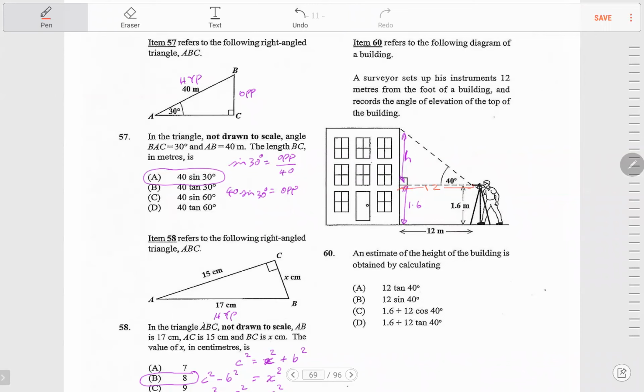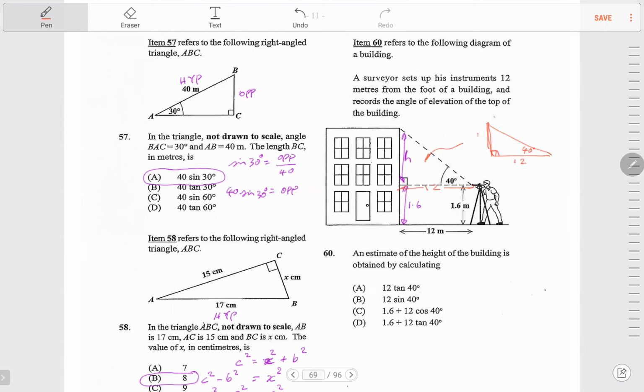If I isolate this triangle and take it out, what you have is a triangle like this. Let me draw it better. Take out that triangle with the building up there. That means this angle is 40, this distance is 12, and that's a right angle.